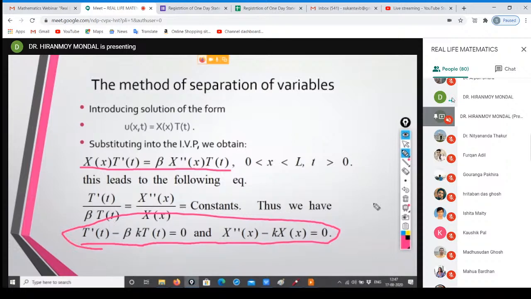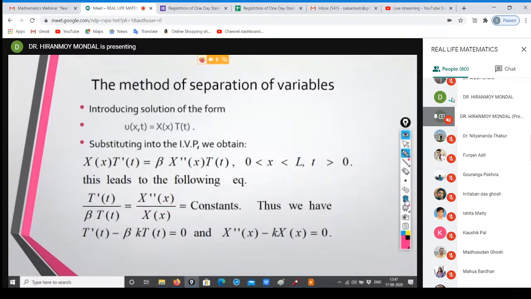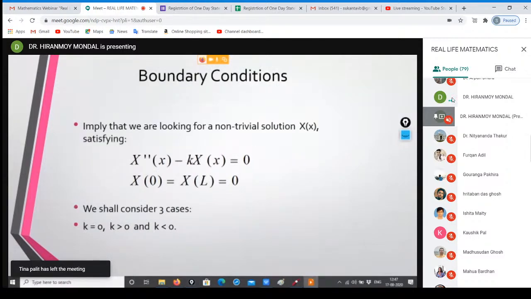And there are three cases to solve this heat equation, depending on the values of k. We show when k is equal to 0, less than 0, and greater than 0.